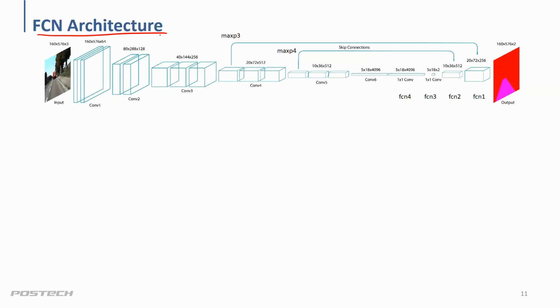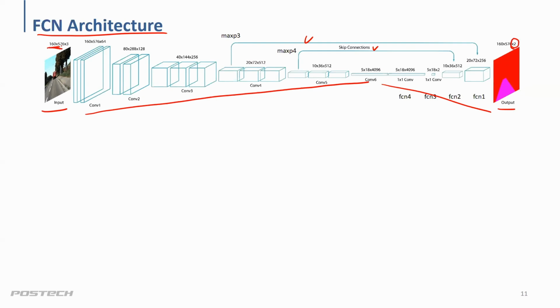So for FCN architectures, having this kind of image, we do CNN downsampling and we do upsampling and, as you can see, skip connections. The output image has 2 channels, because it's one-hot encoding binary classification.